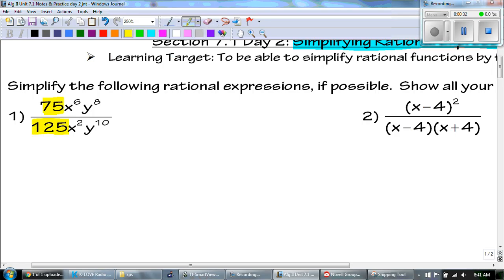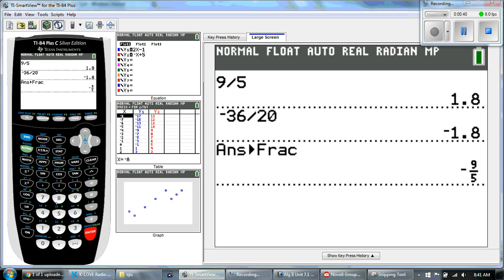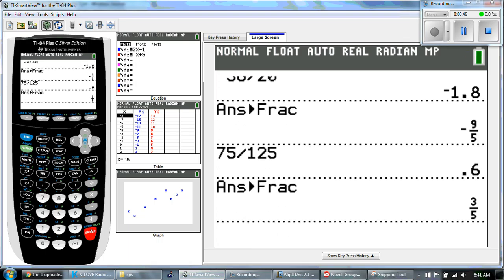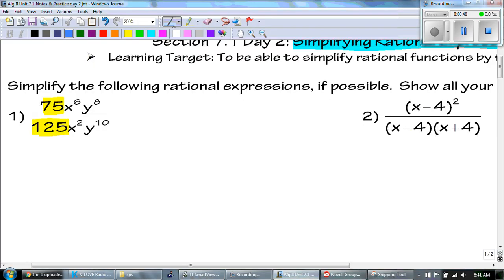So, we need to look at the coefficients first. 75 divided by 125. If you don't know that, use your calculator and then make sure to switch it into a fraction. Okay, so we get 3 over 5.